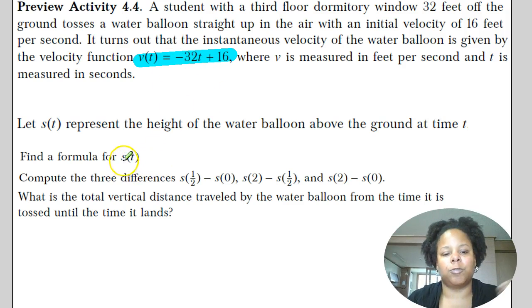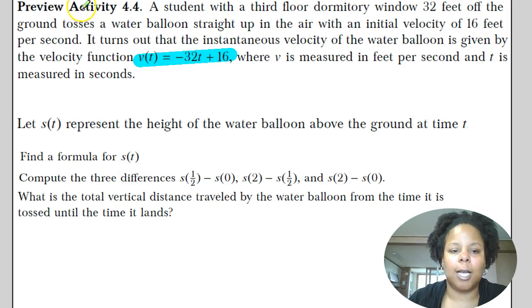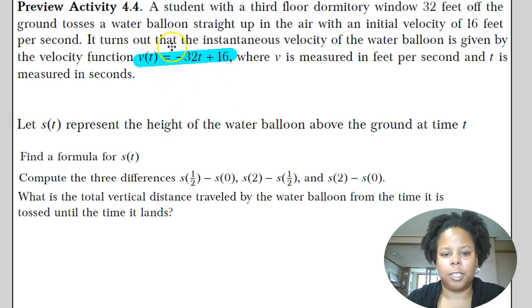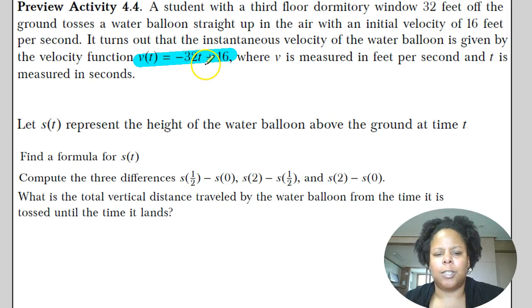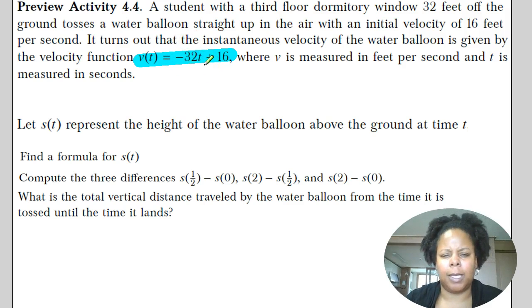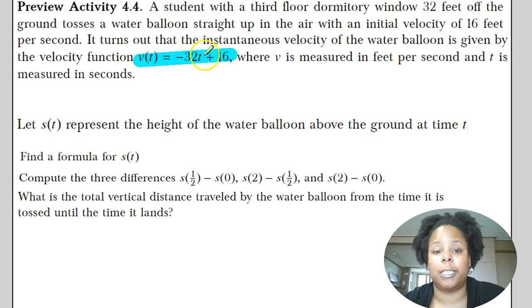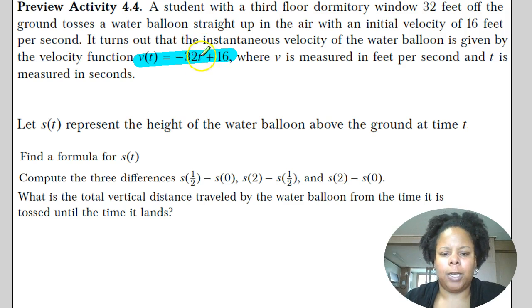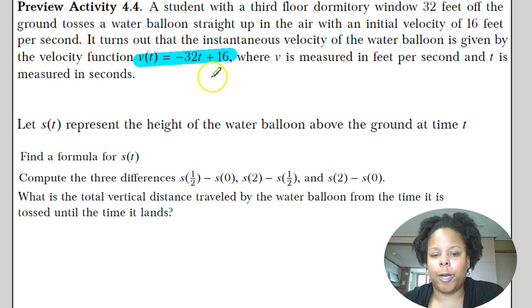Well, since the derivative of the position function is the velocity function, I have to come up with a way to represent the position function using what I know about the velocity function. So I look at this first term right here, and this first term is negative 32t. Since that's the derivative of something, the original part must have been a t squared. I know that the derivative of t squared is 2t.